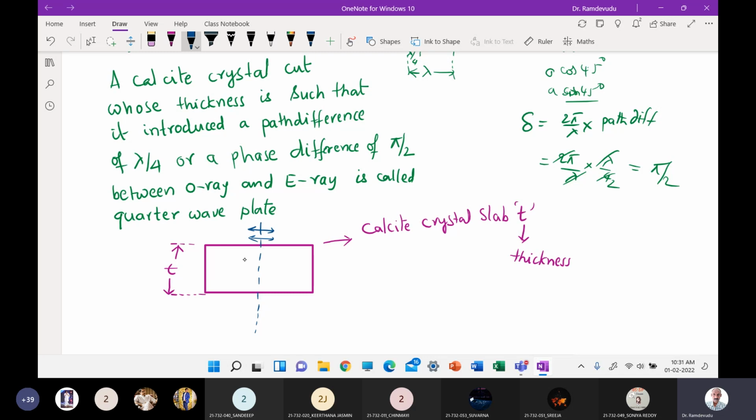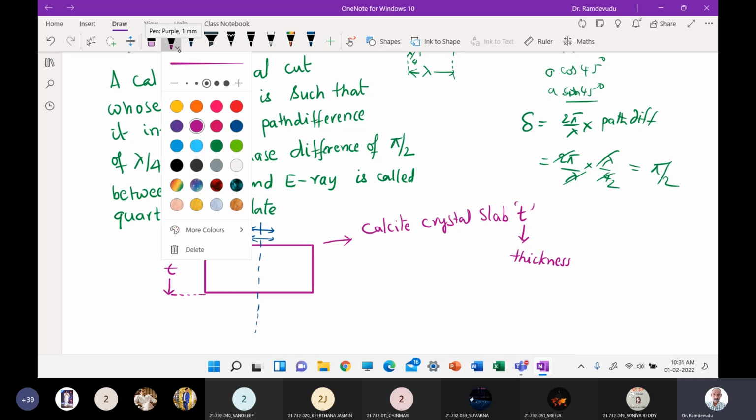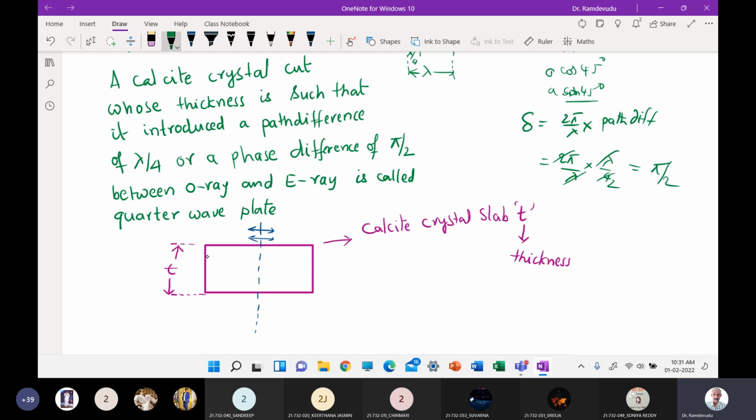I also suppose that the optic axis is on the plane of the top surface. This is the optic axis I am taking. This we call the optic axis. But you know that any line drawn parallel to optic axis is also optic axis, because optic axis only gives the direction.